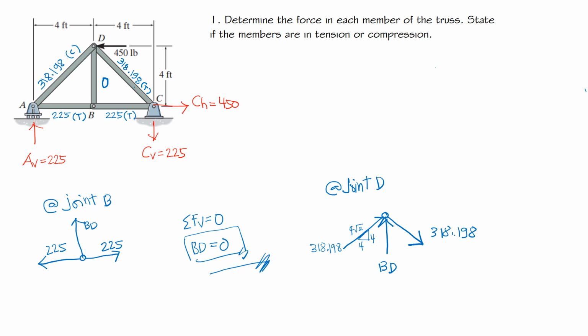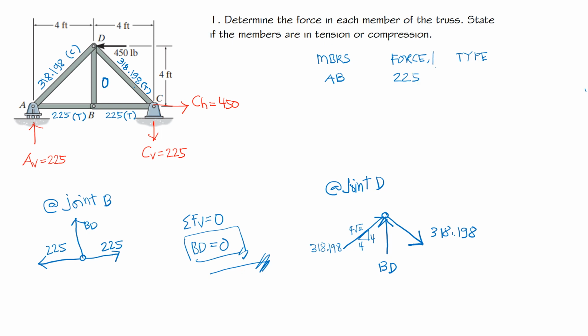So you have here members, you have here the force, then we have here the type or the nature. So member AB, that's 225.